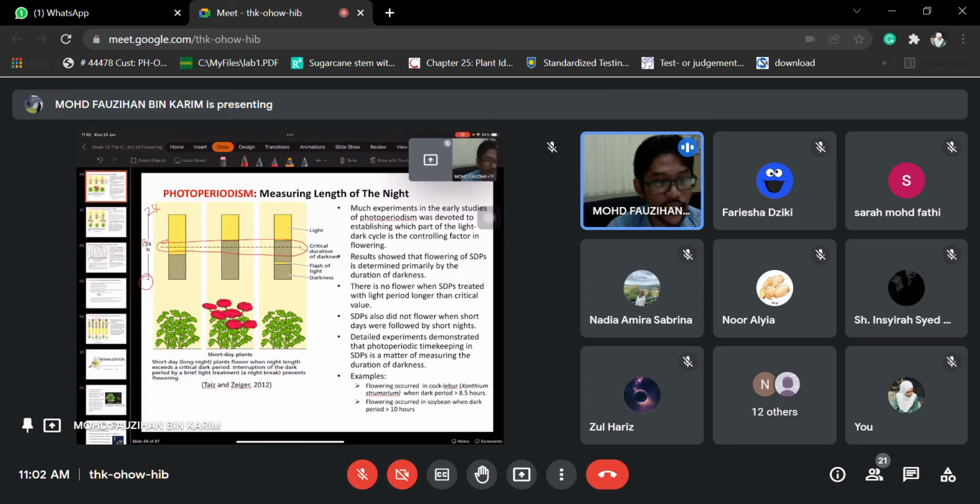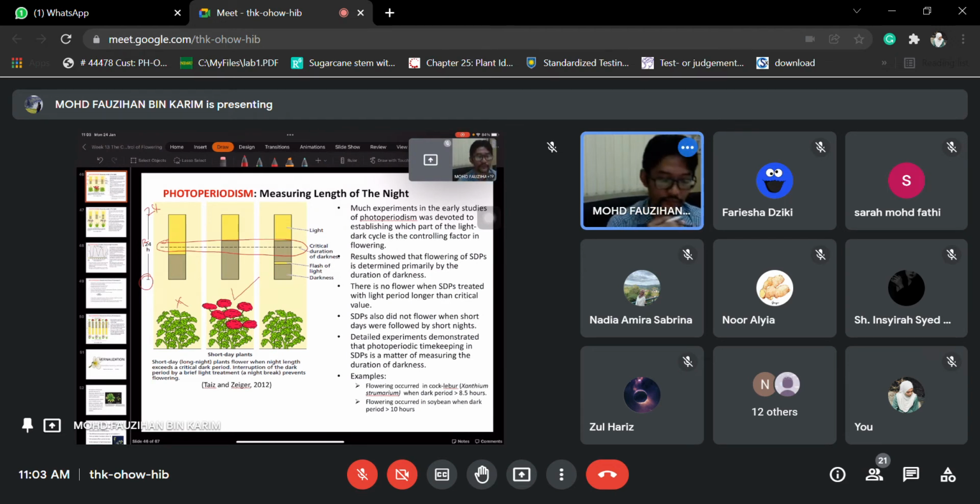So if a short day plant is given less than 12 hours of darkness, it will not flower. It will not be flowering, right? If the short day plant is given darkness of more than 12 hours, all right, it will start flowering.